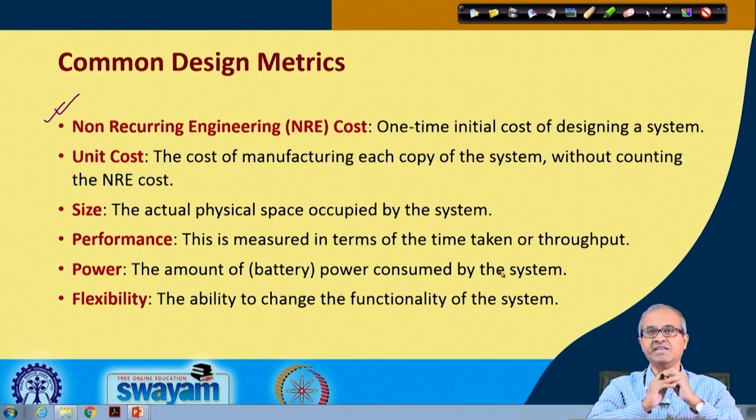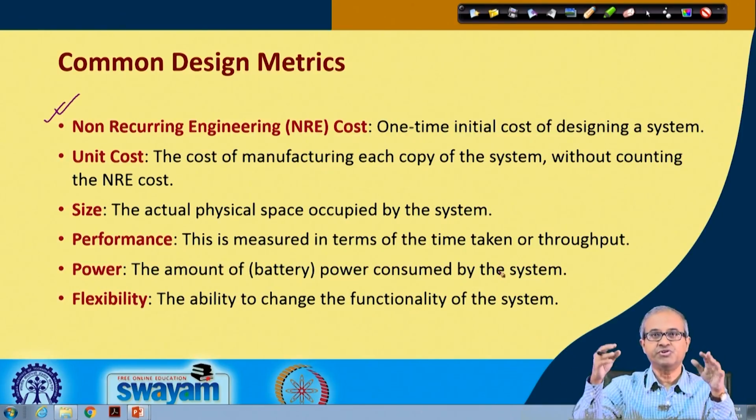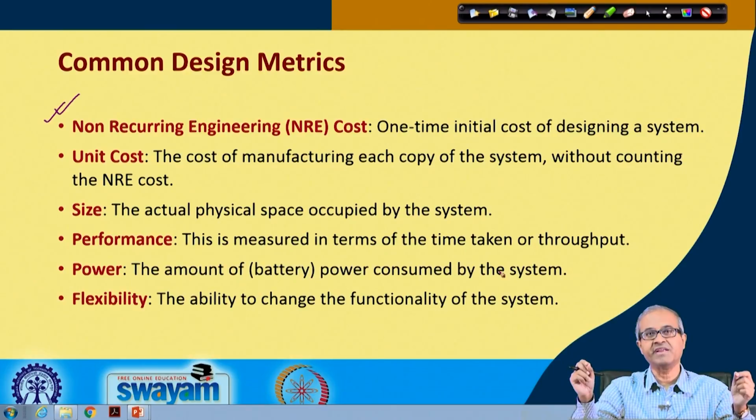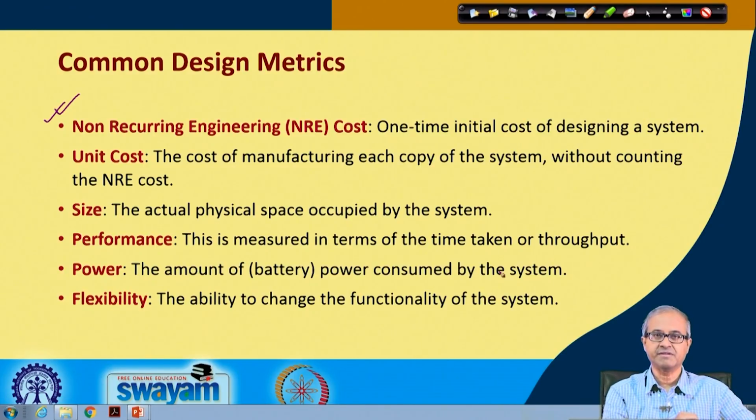Suppose you have a design idea. Now you are going to manufacture those systems, but before you start the manufacturing process, you will have to install some machines in your factory which will help you in the manufacturing, and that initial installation will incur some initial cost. This is what is referred to as non-recurring expenditure or engineering cost. This will be required only once at the beginning.